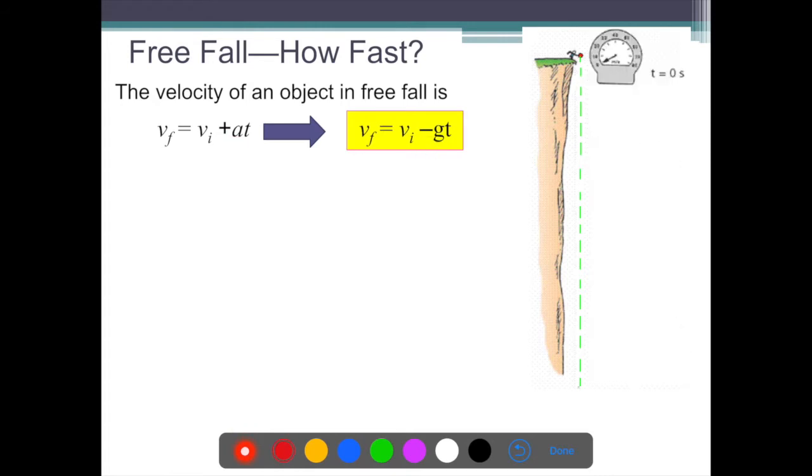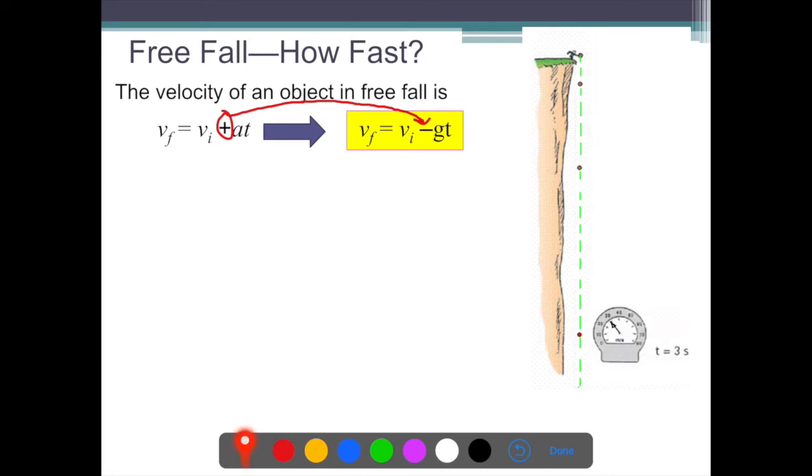Notice how we changed the positive sign in the kinematic equation to a negative sign, and that's because the direction of acceleration is always downwards during free fall.